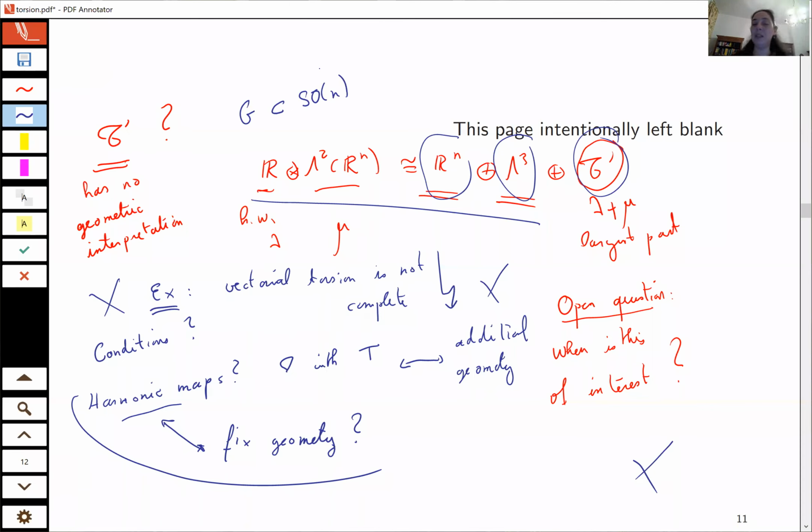If you know that your manifold has more structure than just the Riemannian metric, then you go on and decompose these representations further under the smaller group. Then you will get interesting things, because this Cartan component will decompose and you will be able to identify it with torsion, with tensor fields, and then you get interesting geometry.